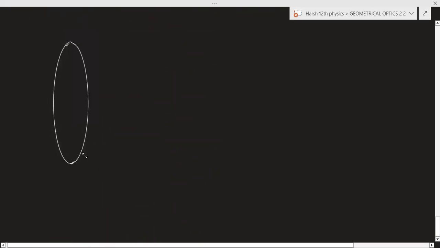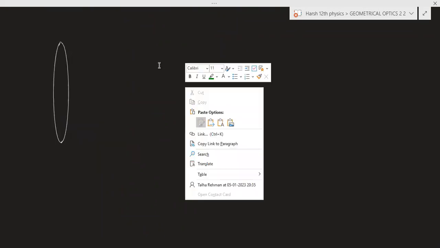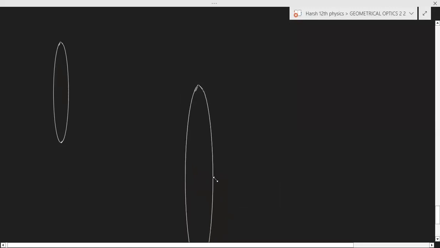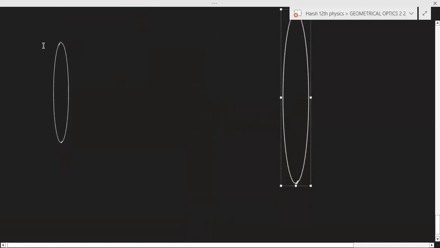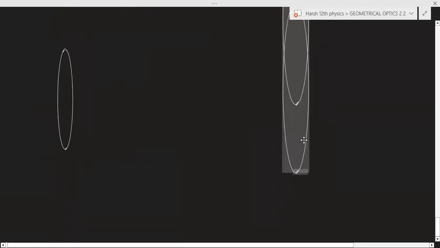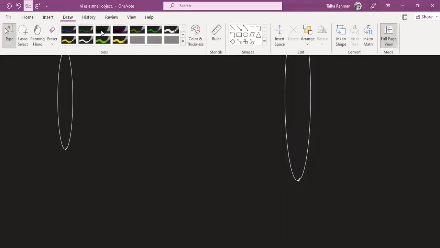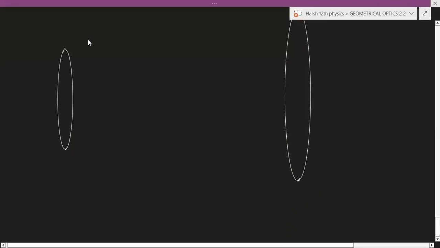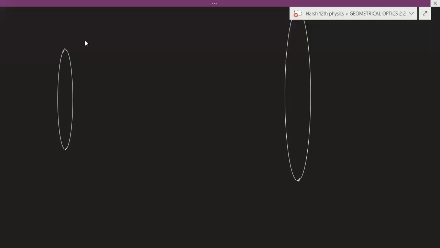The objective lens is smaller as compared to the eyepiece lens. So this is your objective lens, and this objective lens is smaller. And now there is one eyepiece lens, and this eyepiece lens is bigger. First we will draw the principal axis.